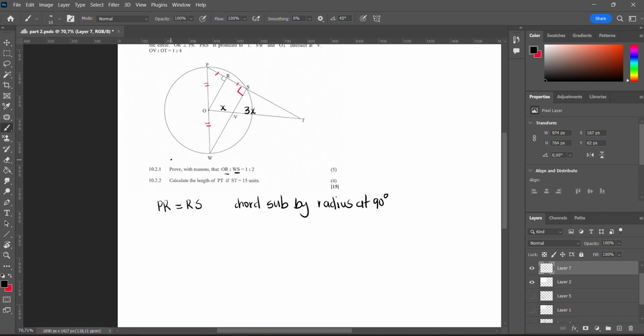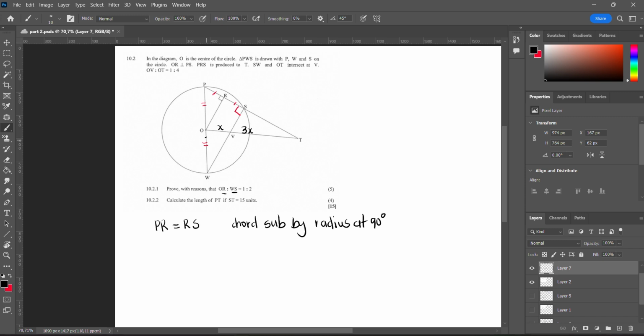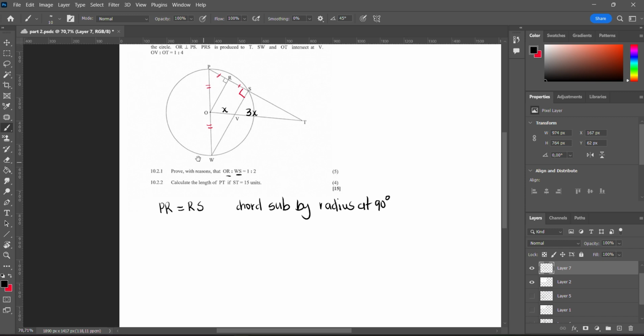And then what do we have also? I kind of want to prove that those two triangles are similar, but I also want to write down my information. So OP equals OW, and these are radii. So now proving those triangles would be easy.